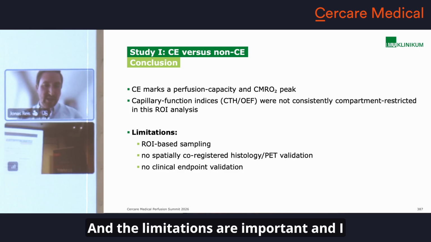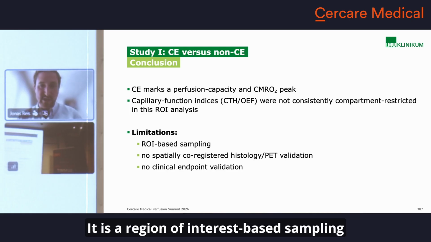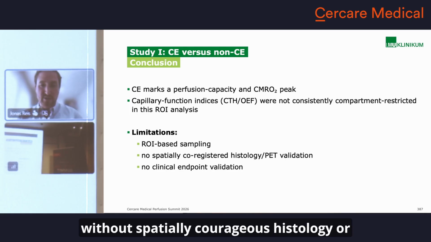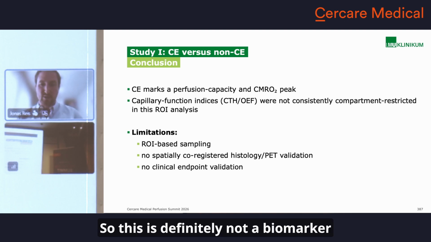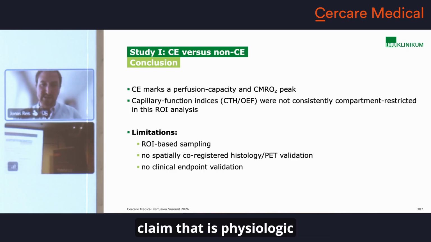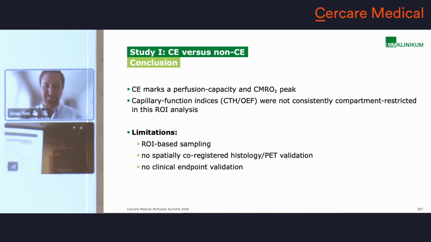And the limitations are important, and I want to state them explicitly. It is region of interest-based sampling without spatially co-registered histology or PET, and also without clinical endpoint validation. So this is definitely not a biomarker claim, but a physiologic phenotype, and it pointed us directly toward the peritumoral brain zone.